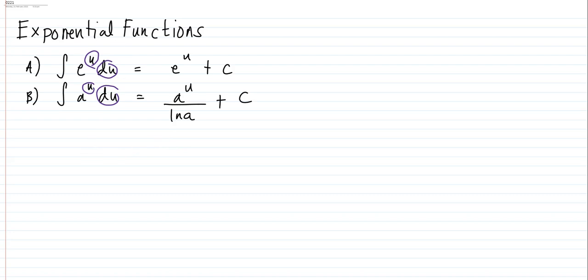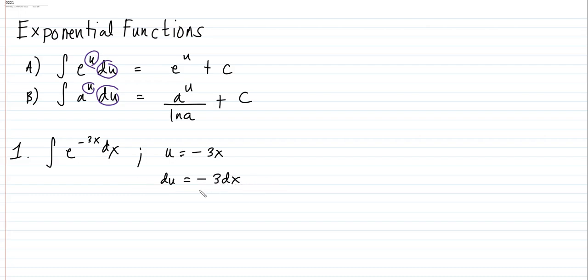First example, let's say the integral of e raised to negative 3x differential x. First, choose the appropriate u. The appropriate u is negative 3x, and the differential of that is negative 3 differential x. So it satisfies our formula of e raised to u du. You have here e raised to negative 3x, and your differential is negative 3 differential x.